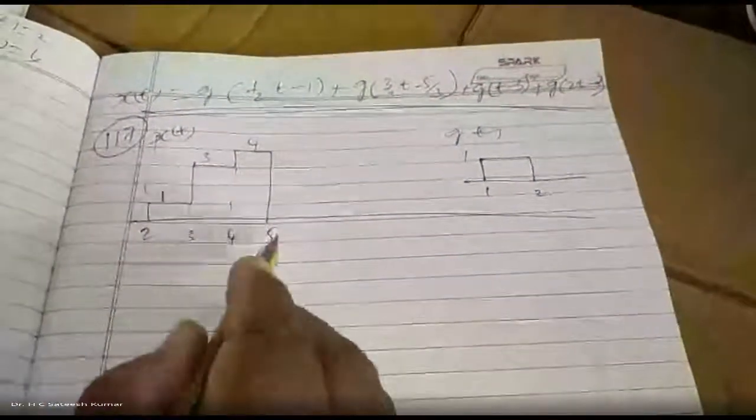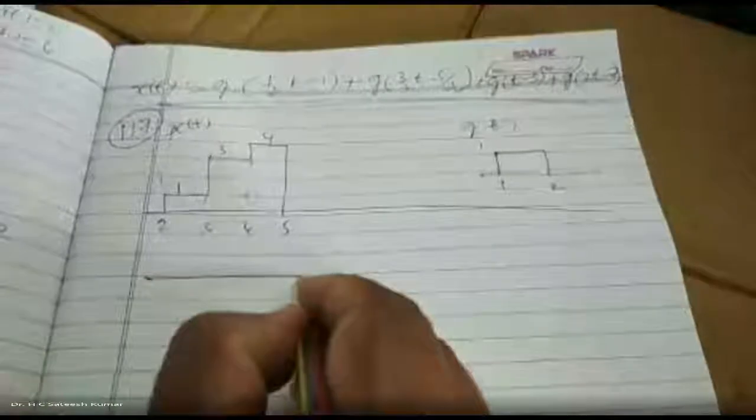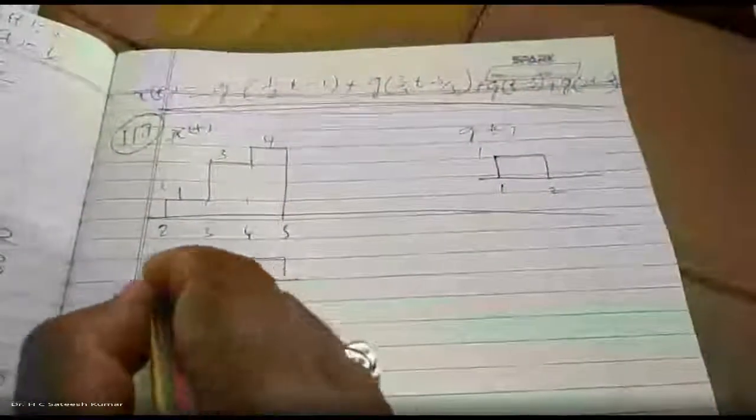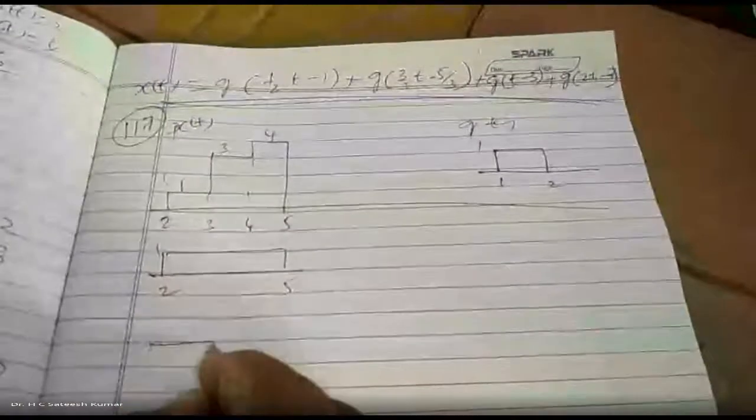So this can be represented as 2 to 5. Its value is 1. Next, 3 to 5, its amplitude is 1. Then 2 to 3, this amplitude is 2 now, not 1.